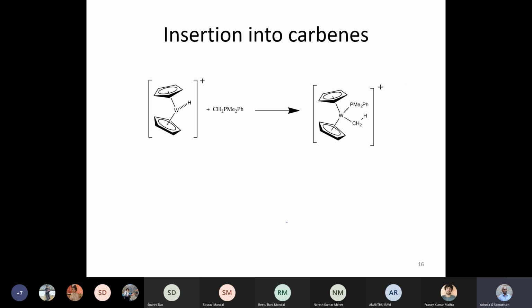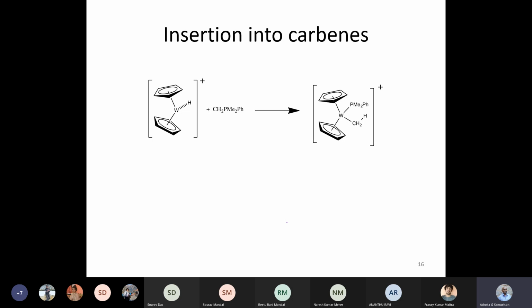let me now come to another system, which is insertion into a carbene. What is interesting is that carbon monoxide and carbenes are very similar in the sense that in both systems you have a pair of electrons from the carbon being donated to the metal. Here we are dealing with a masked carbene.